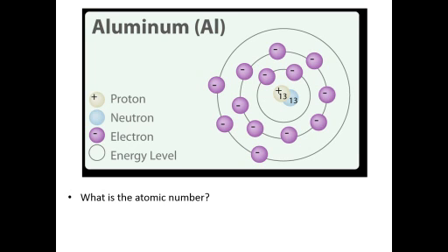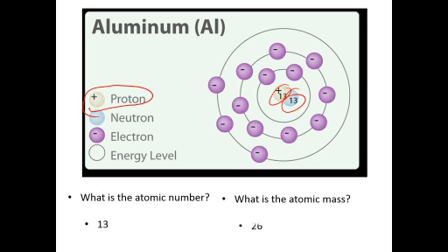Notice that if you look at the protons, the little yellow spheres, you have 13. So 13 is the atomic number. What about the atomic mass? Notice here you have 13 protons and 13 electrons. So that's 26.